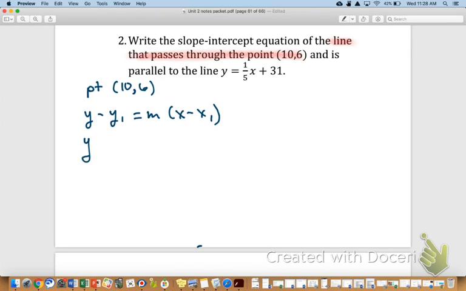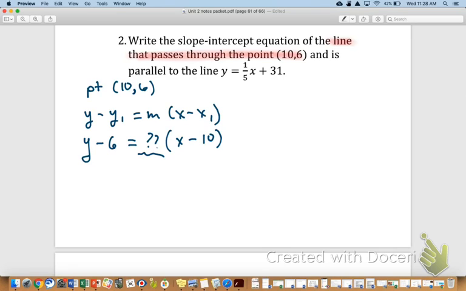I would say y minus 6 equals some unknown slope times x minus 10. I do not know my slope yet, but I know that point's on my line. So couldn't I write this at least? But what I don't want is my slope to be m. So I'm just going to erase that real quick and say I've got this unknown slope.